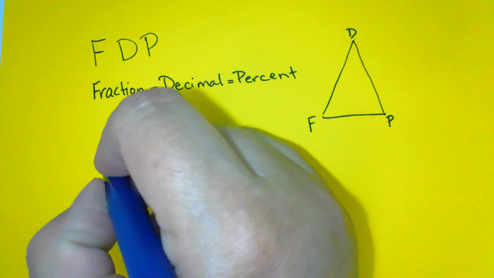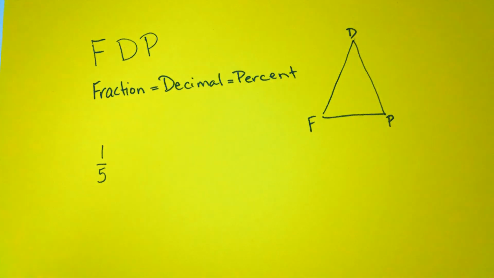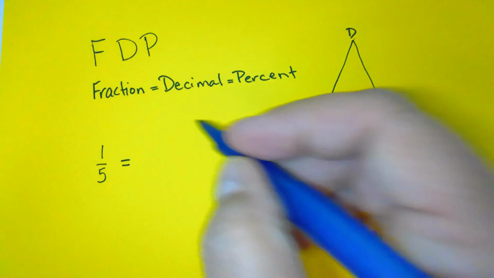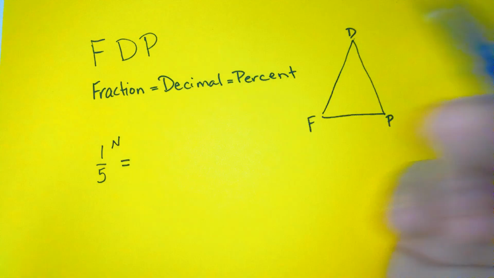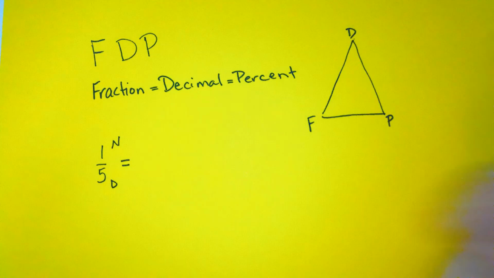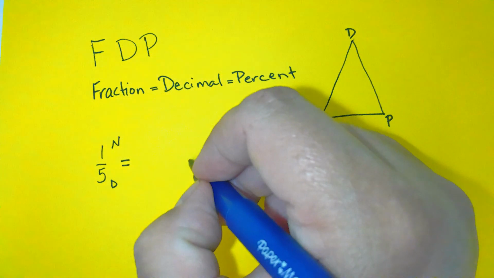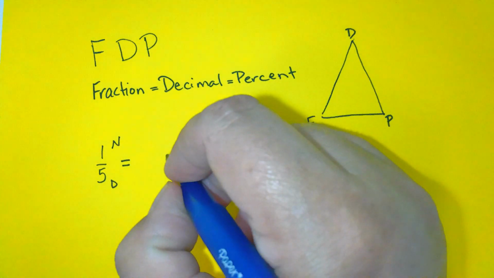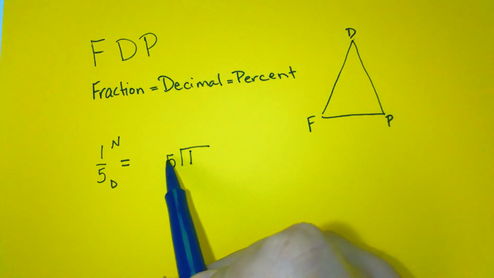So if I gave you a fraction of 1/5, well, the first thing that we have to remember is step one to get it to be a decimal is we need to remember that Norm is on top, Donkey is on bottom. That if we were to turn it, we would have Norman in the house and Donkey outside. So this is 1 divided by 5.